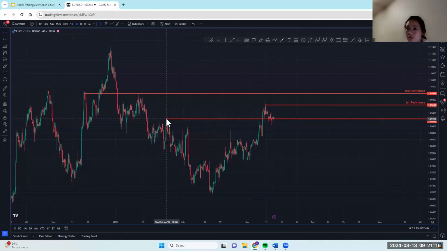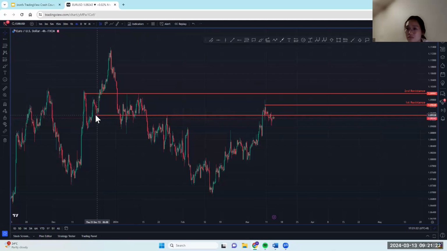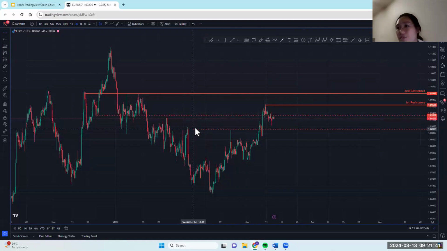And my first support here. Okay, I'm just going to label this as an intermediate level since price is currently at that level. Okay, and then my first support instead I'll put it here.